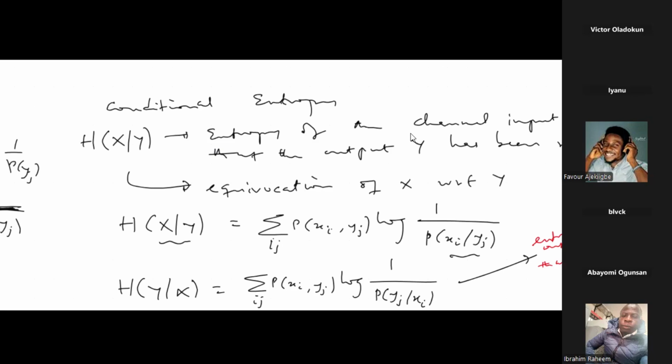And now that we are able to tell the individual source and output entropies and the conditional entropies, we can come up with a relationship between the joint entropy and the individual source or output entropies, to estimate the joint entropy.